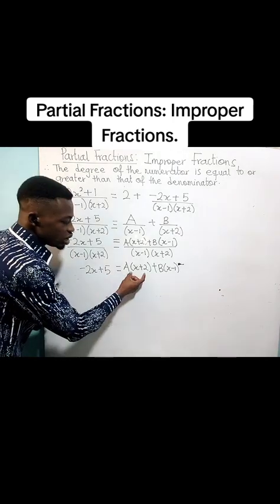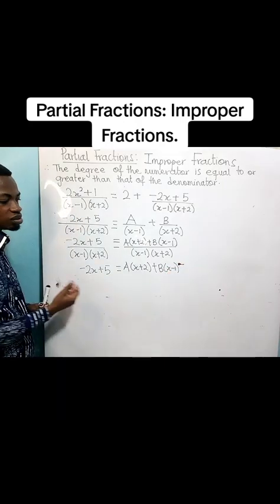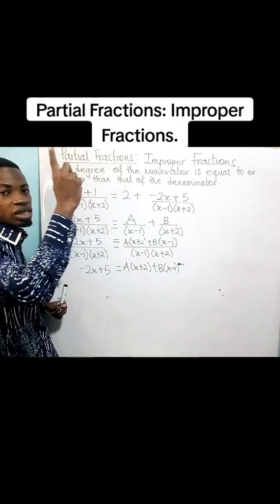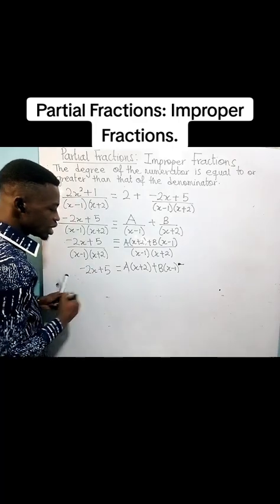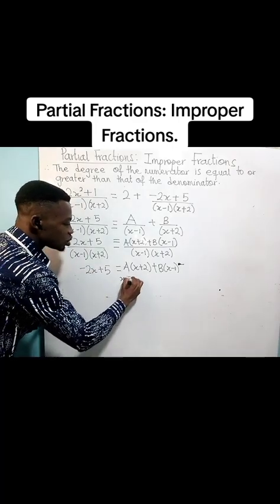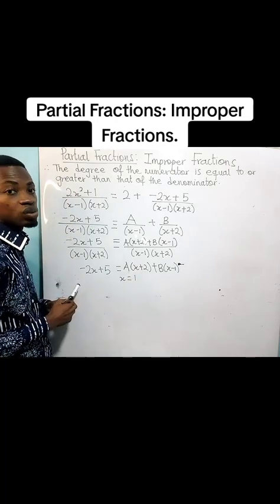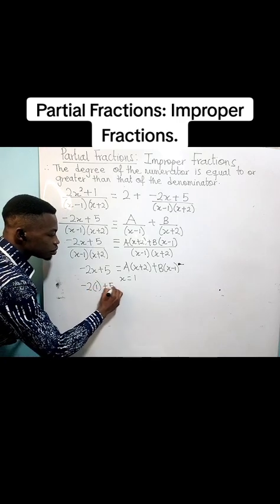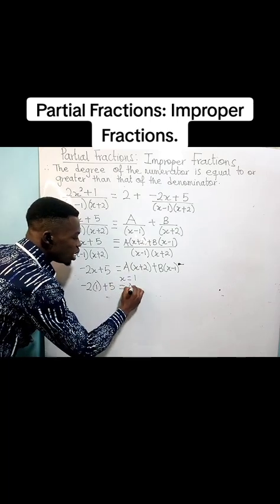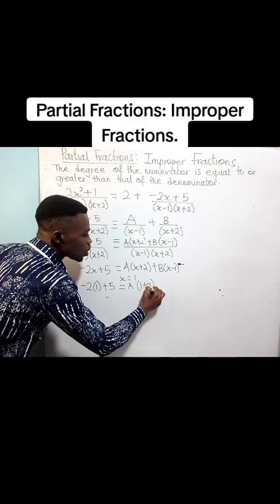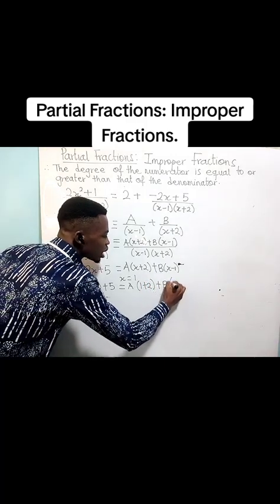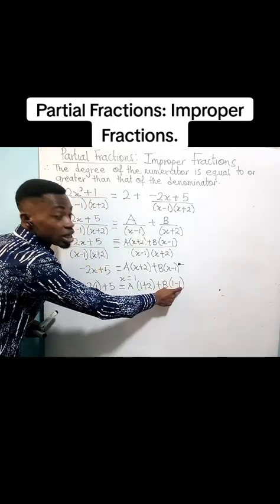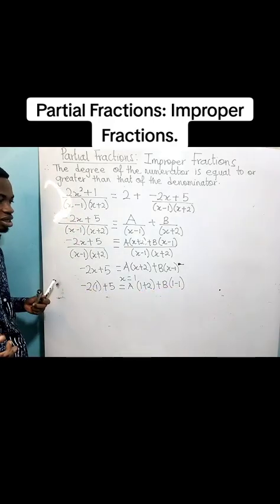Now, we need to clear one value in order to find the other one. So here we can easily make this one 0 by equating our x to positive 1. So we'll say that let x be equal to positive 1. Then we substitute, where we have negative 2 into bracket 1 plus 5 is equal to A into bracket 1 plus 2 plus B into bracket 1 minus 1. Now here 1 minus 1 is 0, so 0 times B is 0.